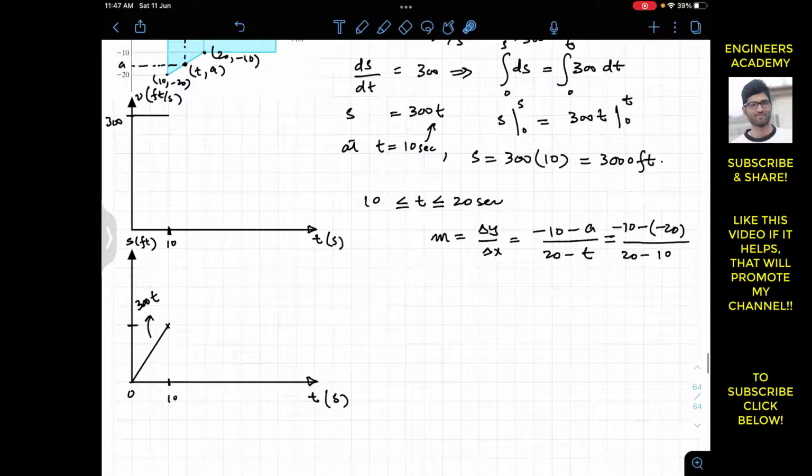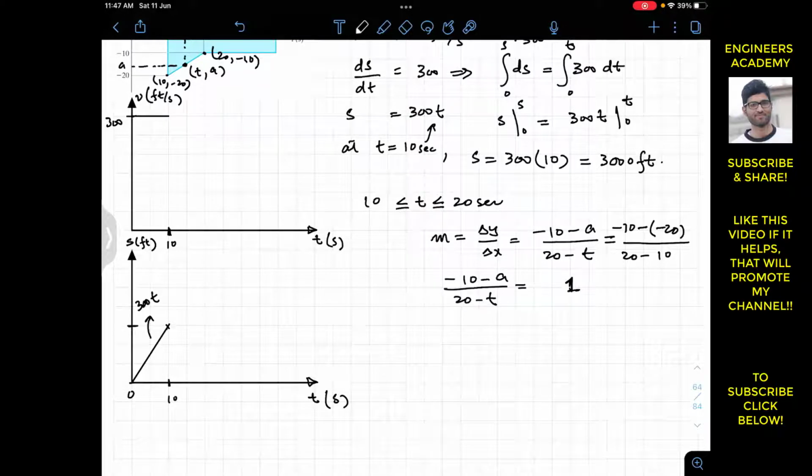So now if we simplify this equation, this will be minus 10 minus a divided by 20 minus t equals minus 10 plus 20 divided by 10. So this gives us 10 divided by 10, so this is 1, right?